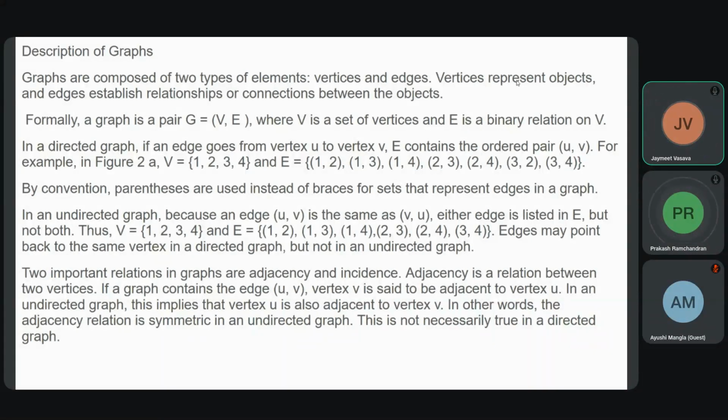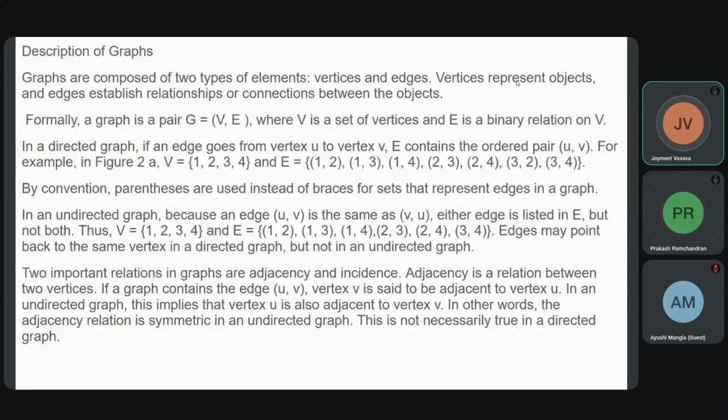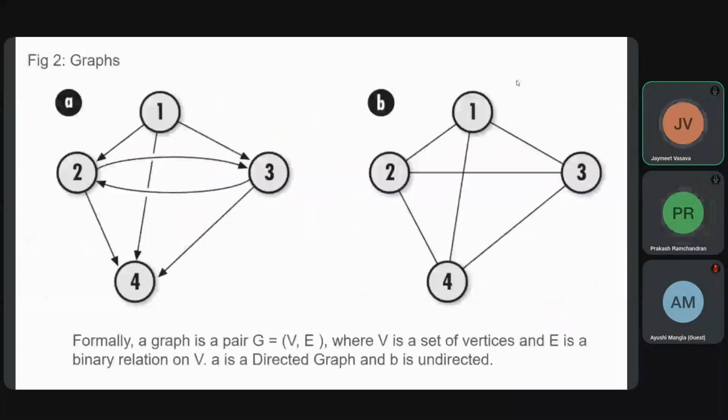So graphs are represented in the form of a pair of V and E, vertices and edges, and you can see E contains the ordered pair UV, where V is a set of vertices 1, 2, 3, 4, and E is a set of ordered pairs. In the directed graph, I'm talking about image A.